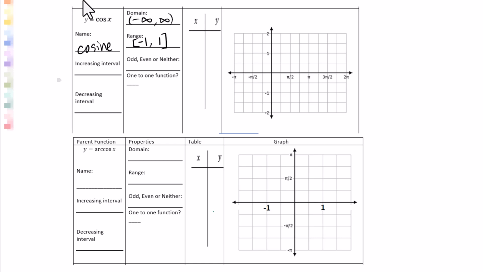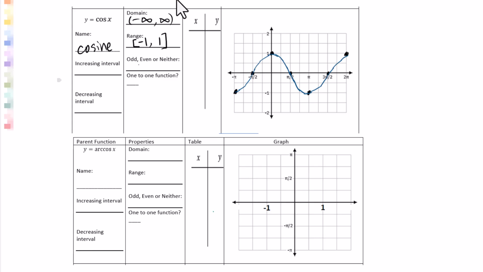Plot the points (0, 1), (pi over 2, 0), (pi, -1), (3 pi over 2, 0), (2 pi, 1), (negative pi over 2, 0), (negative pi, -1). Connect these points smoothly.